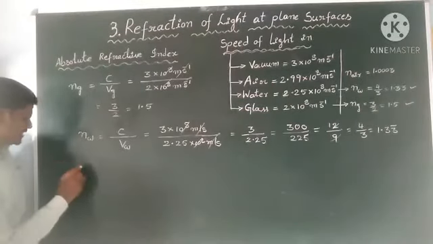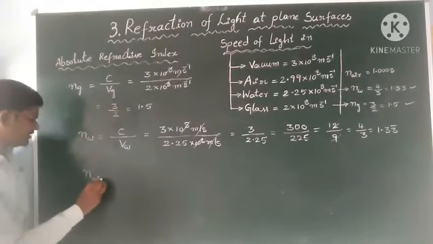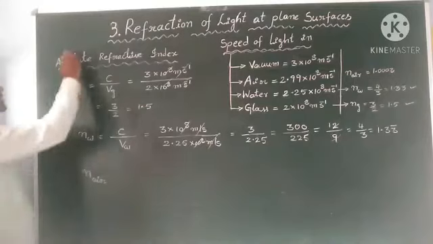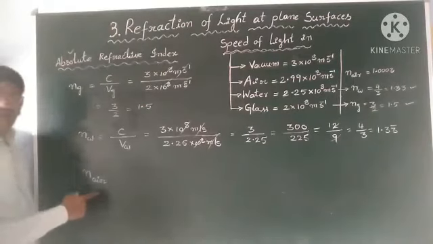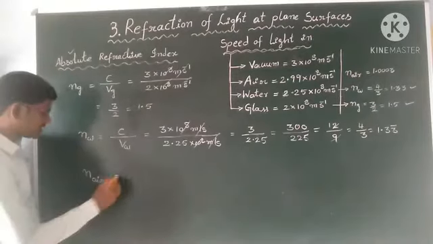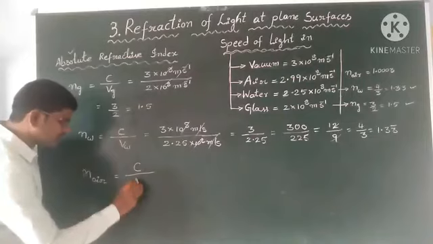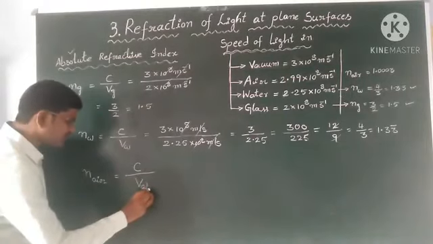Similarly, we can calculate the refractive index of air. These are absolute refractive indices, and we simply call them refractive index. The refractive index of air is equal to the speed of light in vacuum divided by the speed of light in the air medium.